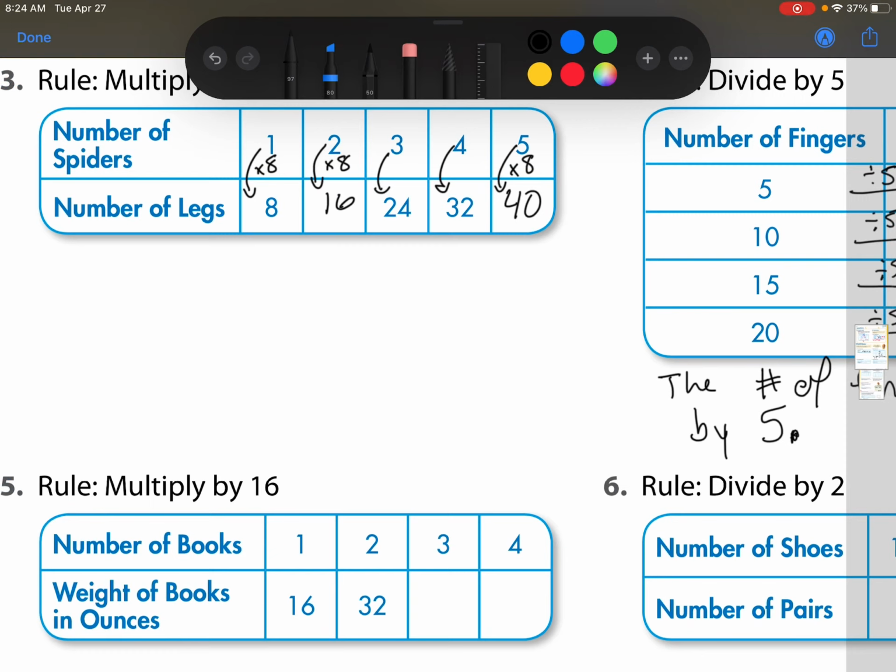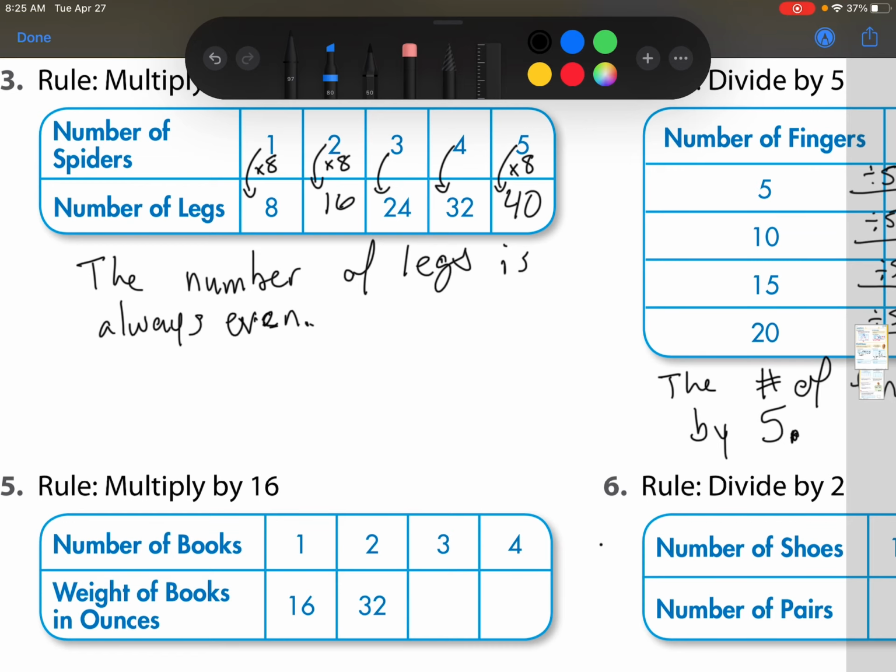Let's look at this one. Well, what feature pattern do we notice here? The number of legs, and we could put is a multiple of 8. We could put is always even. So remember, there's many different things we can put for these.